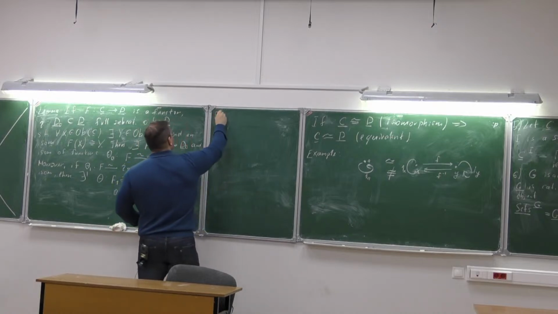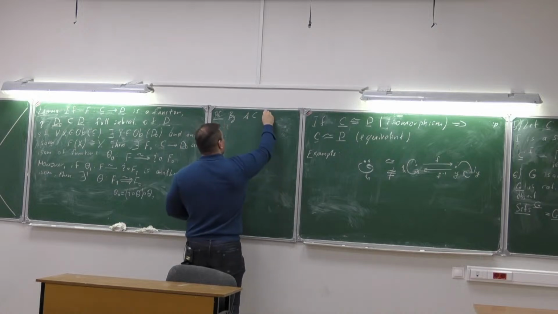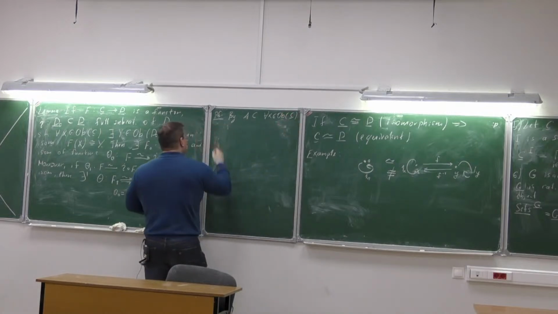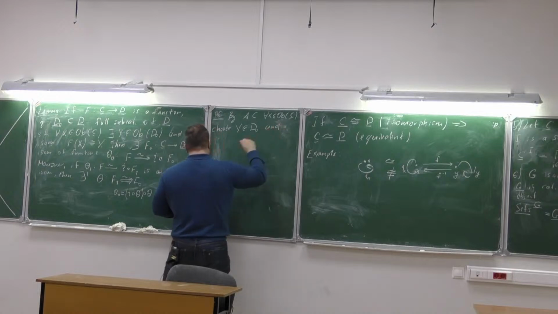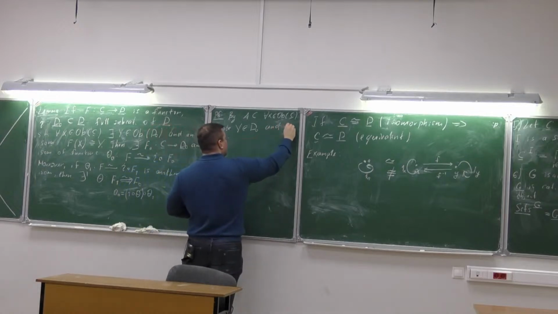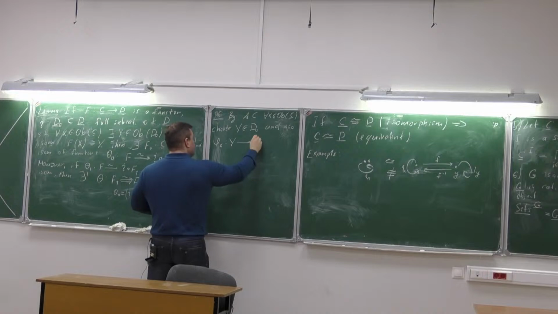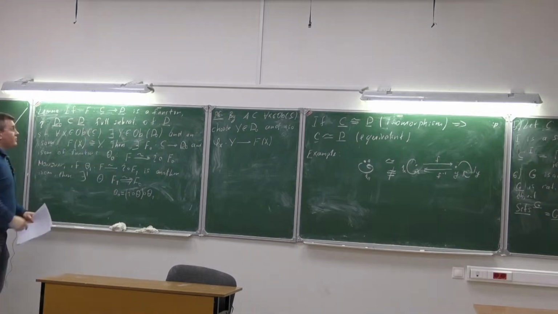Okay, so proof. By the axiom of choice, for any object X in the category C, we can choose Y in D naught and also fix an isomorphism phi sub X from Y to F of X. Clearly we can do this if you have this assumption of the lemma and apply the axiom of choice.